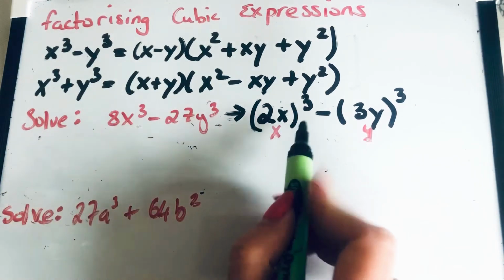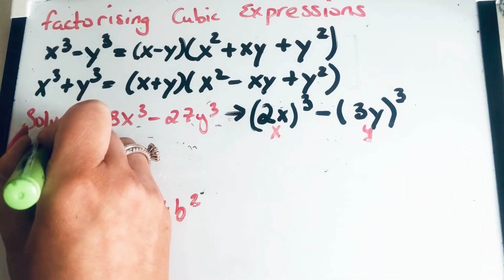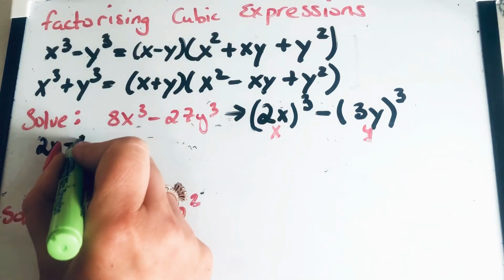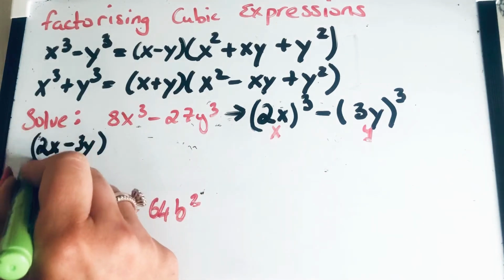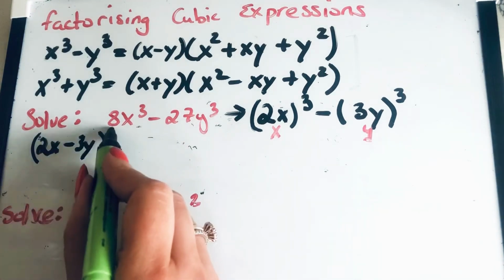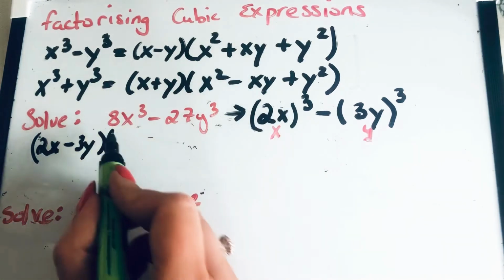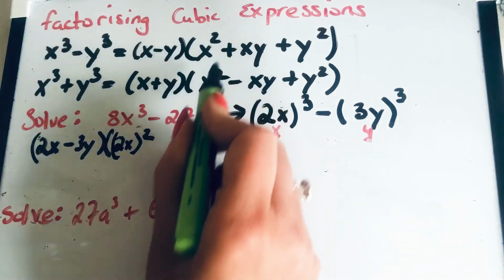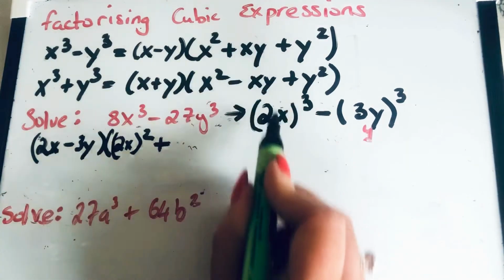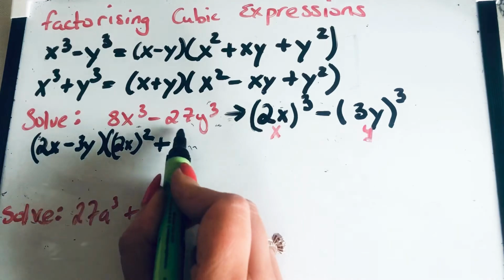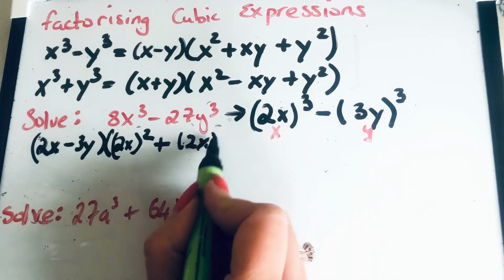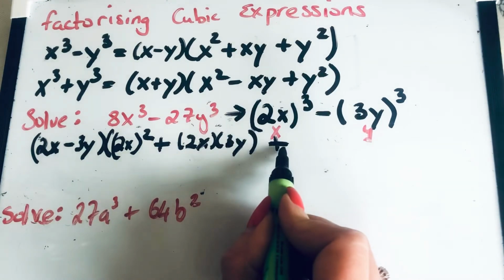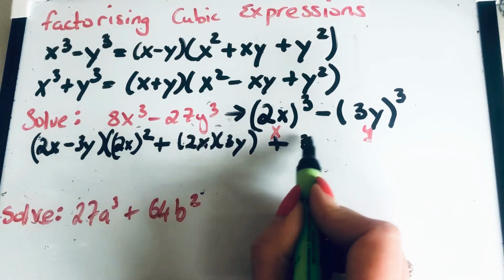Our x is 2x, so we have 2x, take away 3y in a bracket, like this, and our next bracket consists of x squared, so we put in 2x all to be squared, plus x by y, so it'll be 2x by 3y. Plus, to follow the plus sign here, and our y is 3y, and we square.